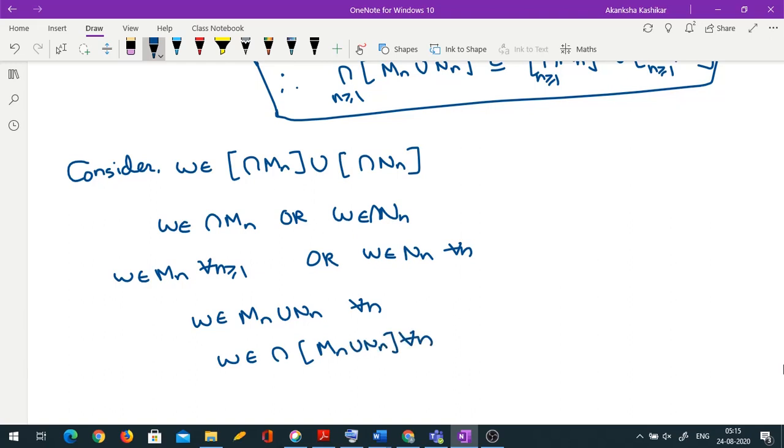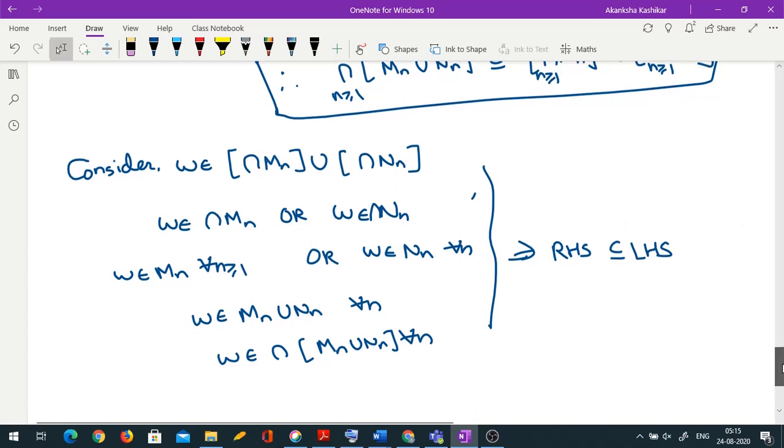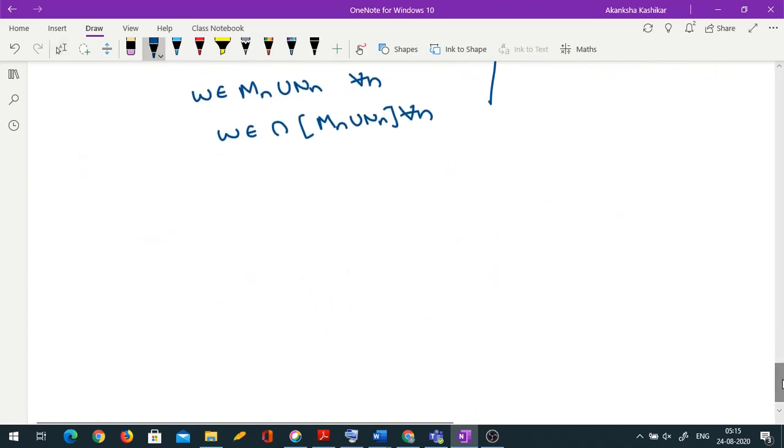So this part is actually routine. Here I don't need the non-increasing nature or anything. So from here I can easily conclude that the RHS is a subset of the LHS. So we have finally proved what we wanted to prove.